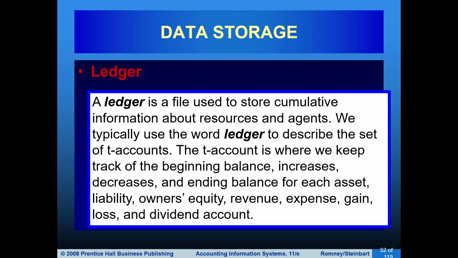The ledger is used to store cumulative information about resources and agents, maybe the inventory or stock account, or a receivable account. Cash is a resource, and all the cumulative information, cash receipts, cash payments, from which person, for what work. This is cumulative information for a particular period.